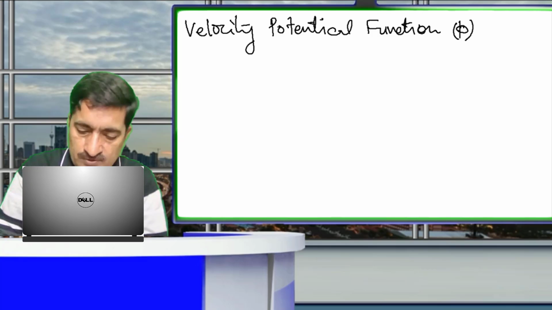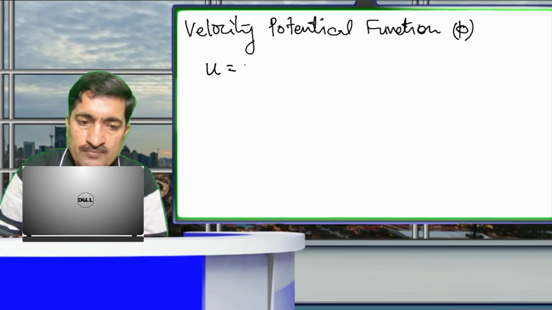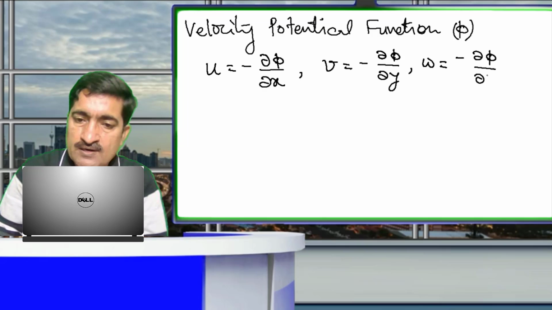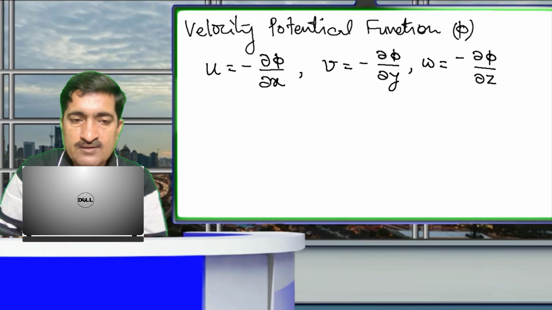Means u equal to minus del phi by del x, v equal to minus del phi by del y, and w equal to minus del phi by del z.